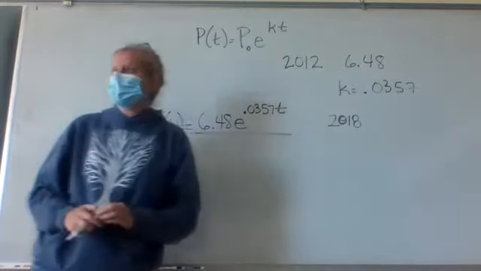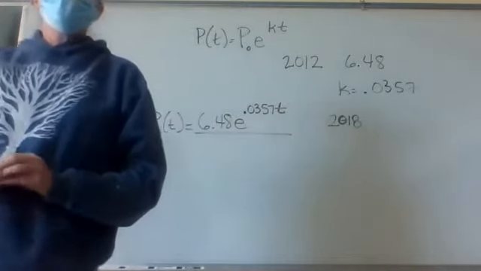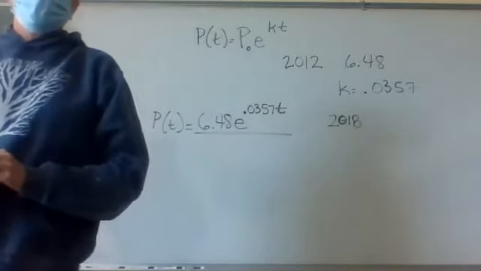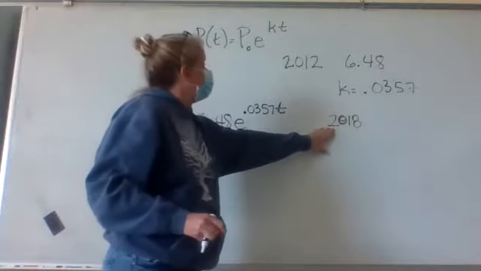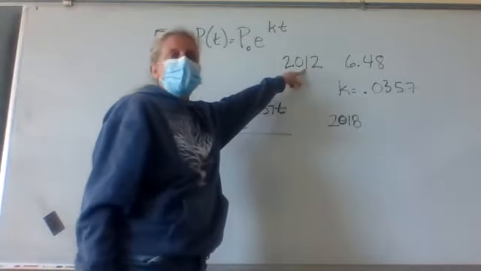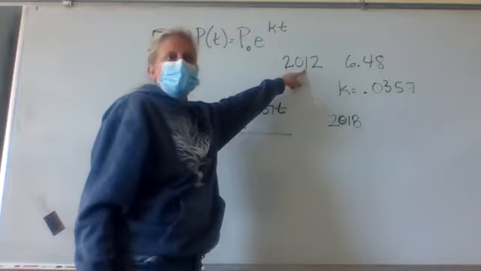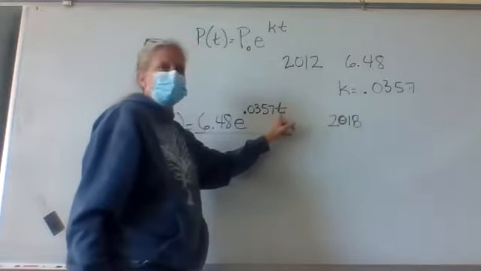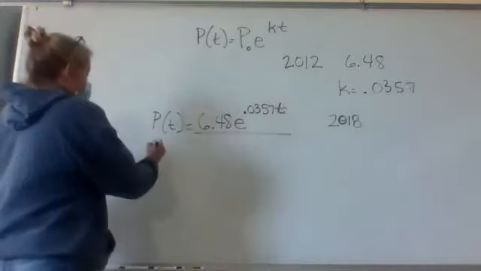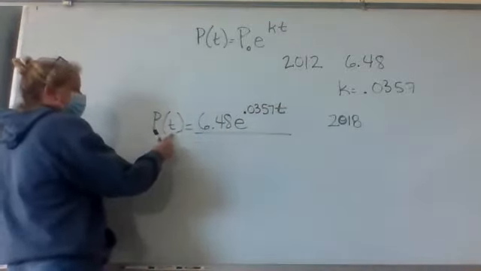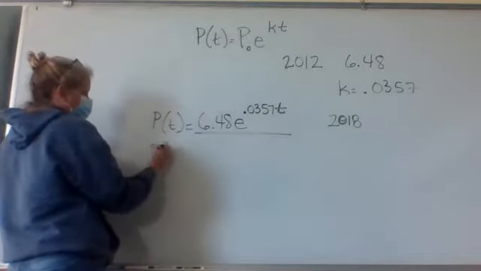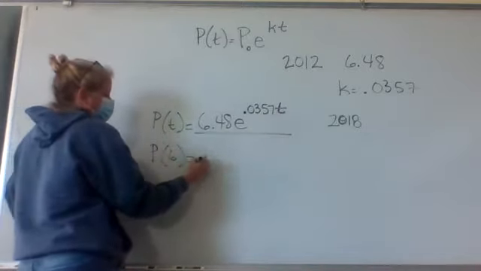Remember, T stands for the number of years after the starting date. In 2018, how many years is that after the starting date? 6 years. So I'm going to replace the T in the formula with 6. I'm essentially finding P of 6.